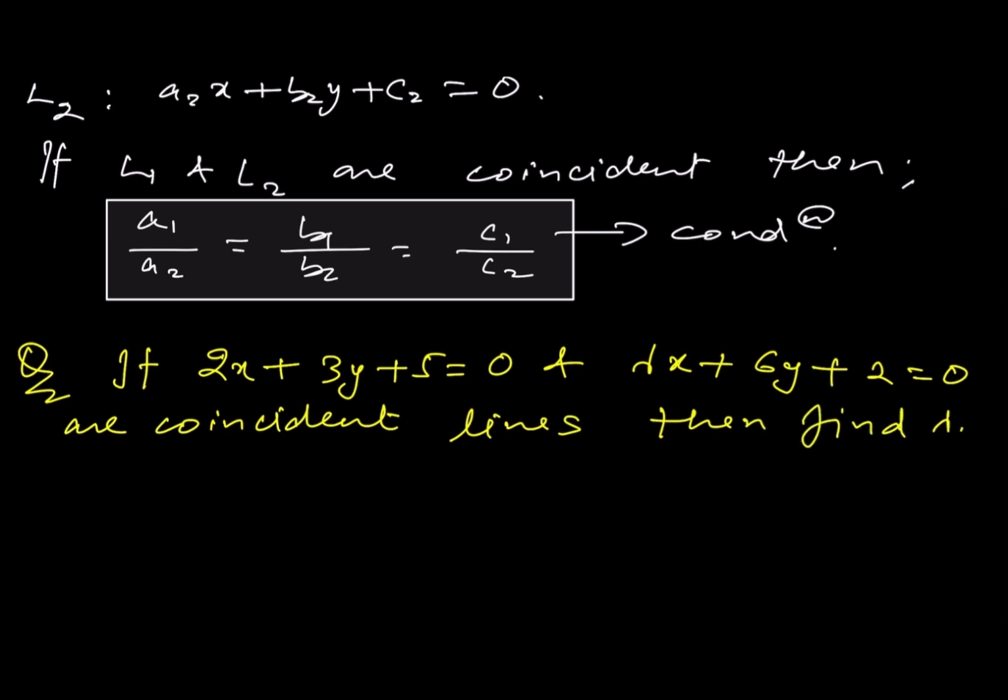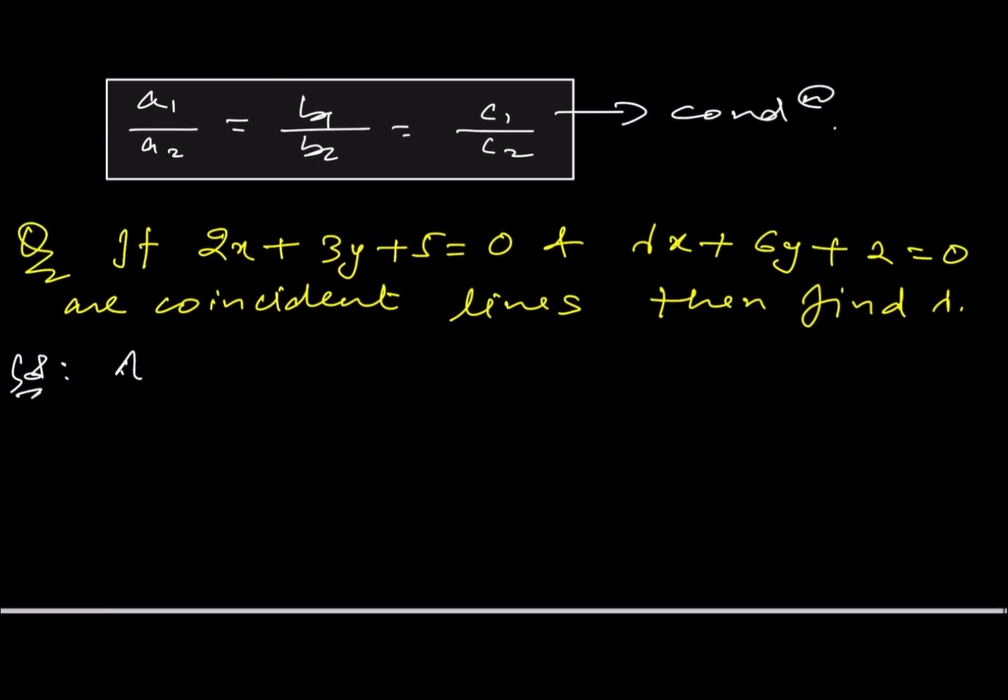Okay, so according to the question, if lines are coincident, then a1 upon a2 is equal to b1 upon b2 is equal to c1 upon c2. So we will write 2 upon lambda is equal to 3 upon 6 is equal to 5 upon 2, right?